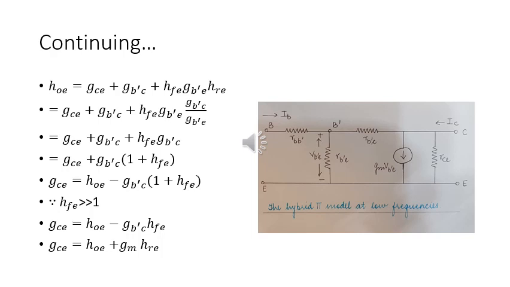Gathering the terms of GB'C together, we will get GCE plus GB'C in brackets 1 plus hfe. Therefore, GCE will become equal to hoe minus GB'C (1 plus hfe). Since hfe is very much larger than 1, we will get GCE equal to hoe minus GB'C hfe, and using the relationship, we will get GC equal to hoe plus gm hre.